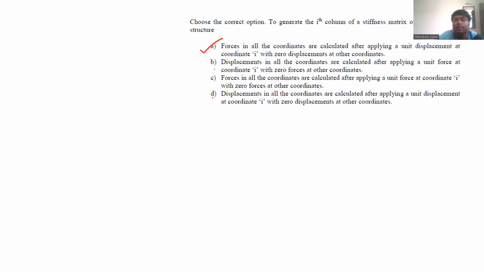We do that during the flexibility matrix method. Forces are calculated by applying unit force. So C and D are redundant statements. So option A is the correct option.